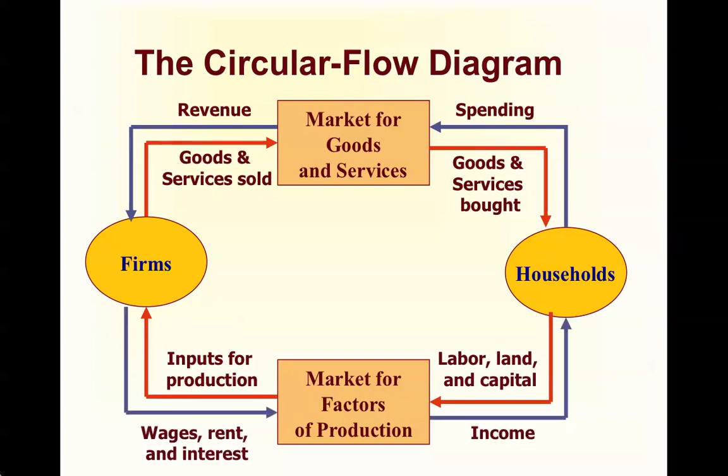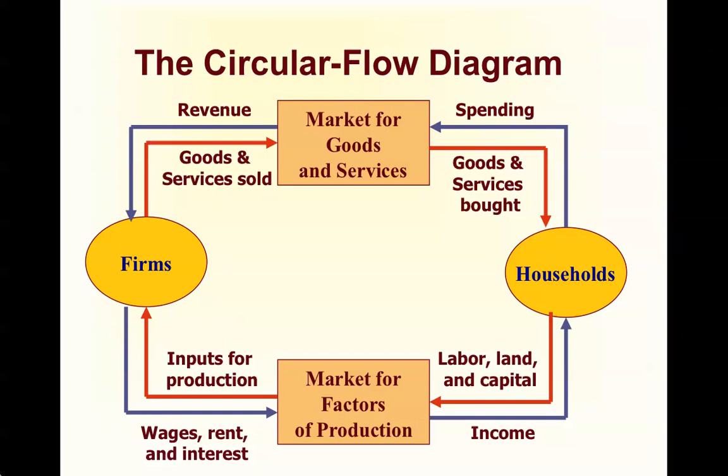Now there are payments to these various holders of the factors of production: wages for labor, rent for land, and interest for capital. Interest is the payment for the loan of, let's say, investment capital. Firms will borrow money to get the capital that they need.